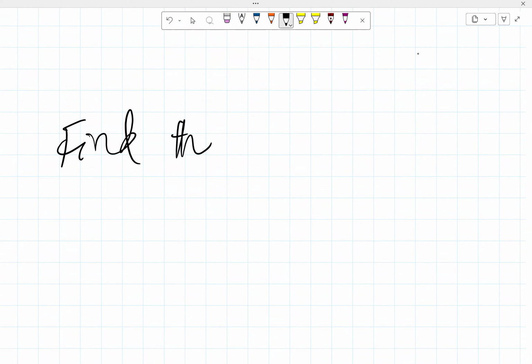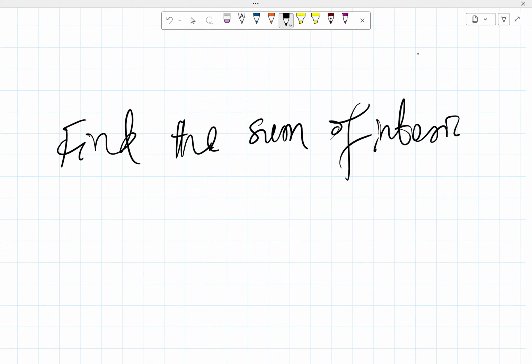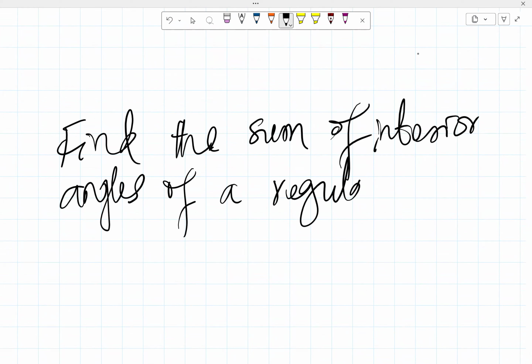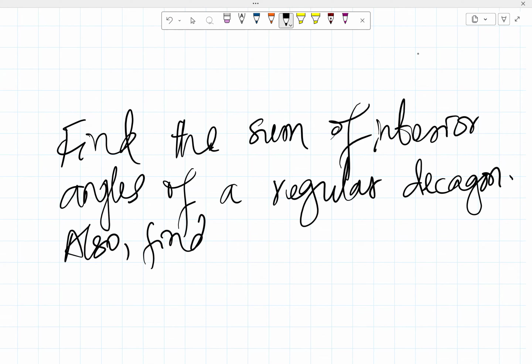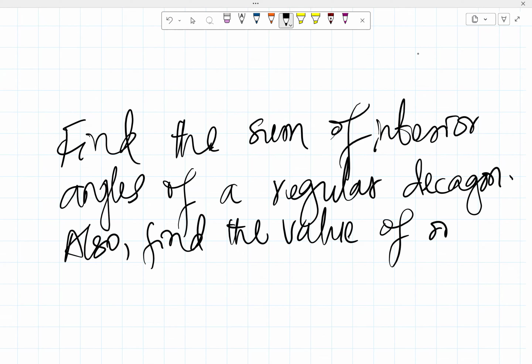Find the sum of interior angles of a regular decagon. Also find the value of one interior angle.